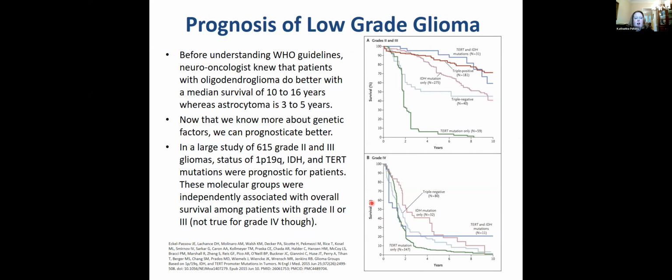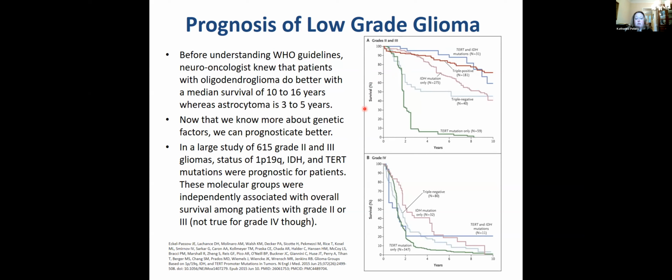And this was really well described by Pekmezci and colleagues. And I would say that I use this paper routinely in our clinic, and I really want you to focus on the top pane. And what they did was they looked at a large number, over 600 patients with both grade 2 and grade 3 gliomas, so low-grade gliomas and those anaplastic cohorts, which are grade 3.